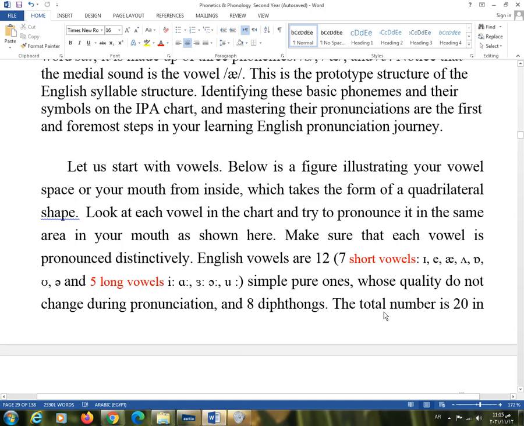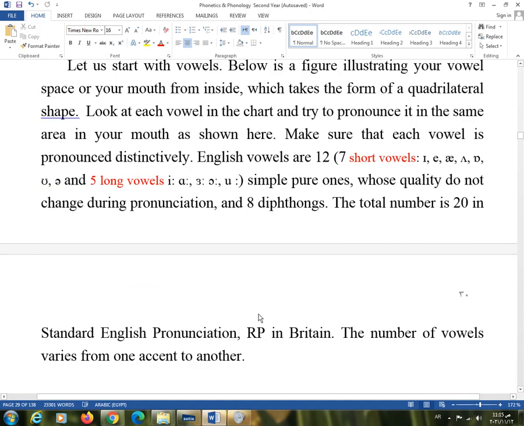They are pure, the quality doesn't change from the beginning to the end of the pronunciation of each pure vowel. On the other hand, we have compound vowels, which are diphthongs, and in British English the number of diphthongs is 8.